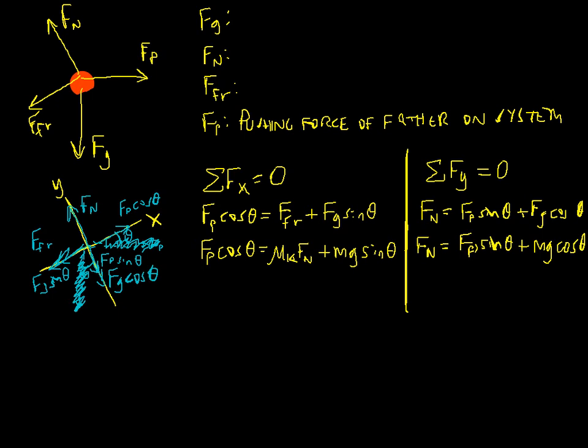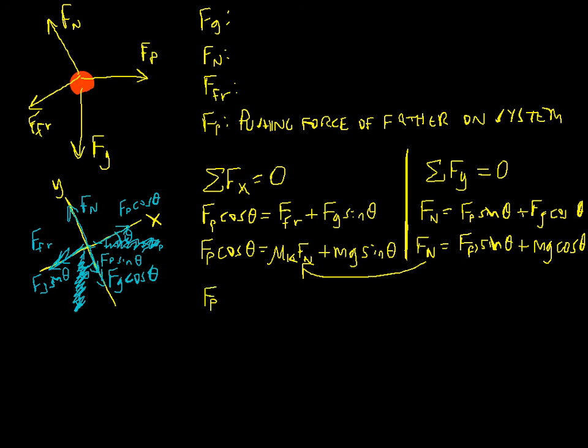So now we've got this equation on the right solved for the normal force, so we can take that and plug that in for the normal force right here. That will leave us with a pretty long equation now.